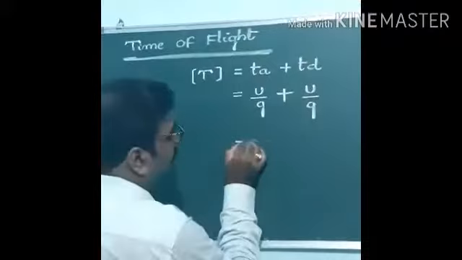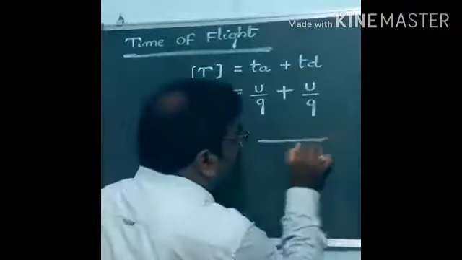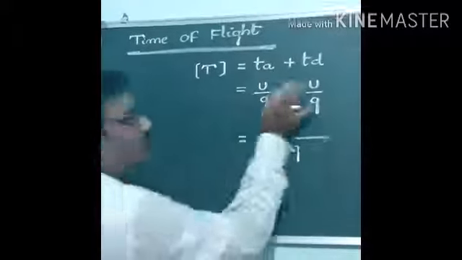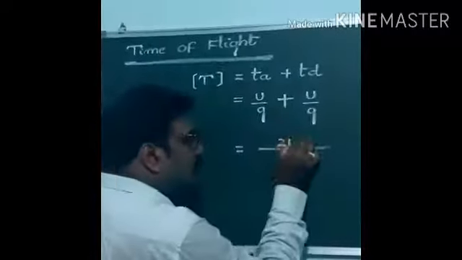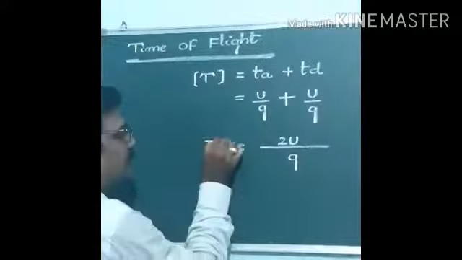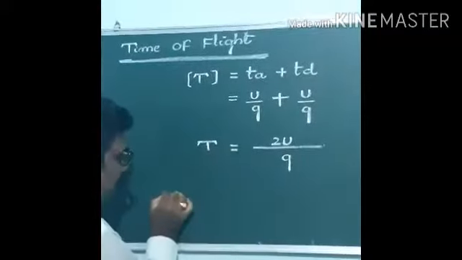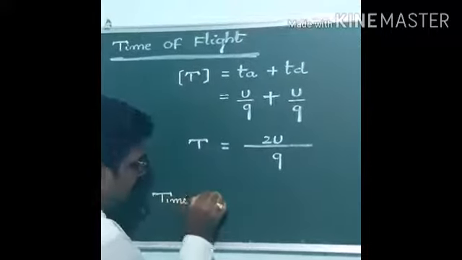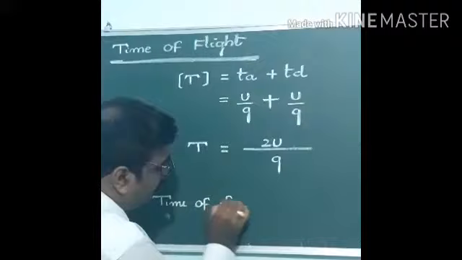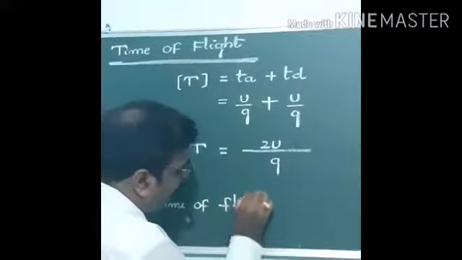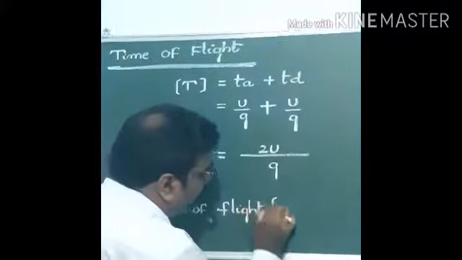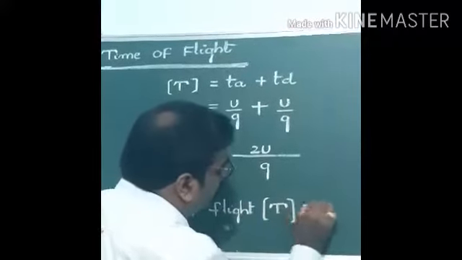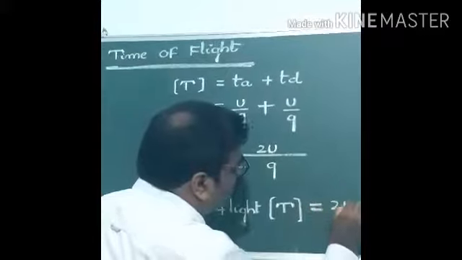So what is the LCM? Small g. And u plus u is 2u. So time of flight, capital T, equals 2u by g.